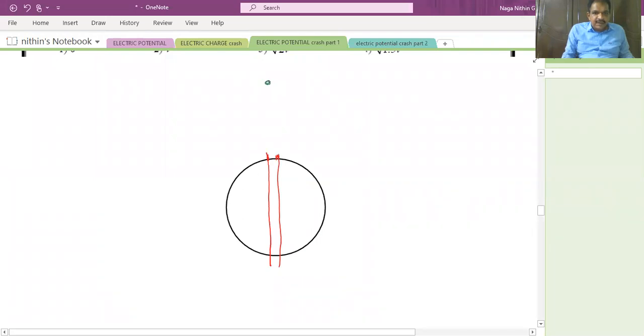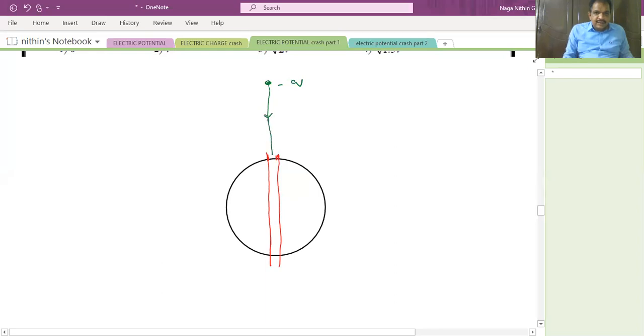Here one particle is there, with charge minus q, and it is freely falling like this.